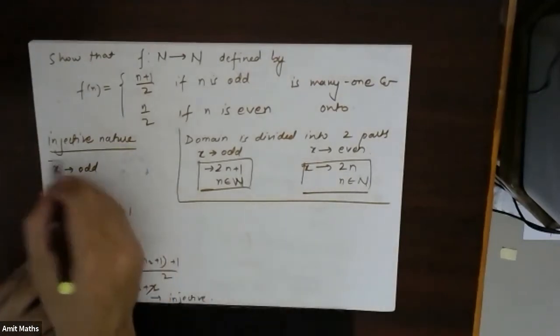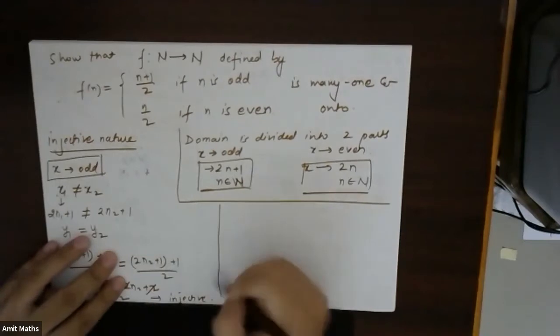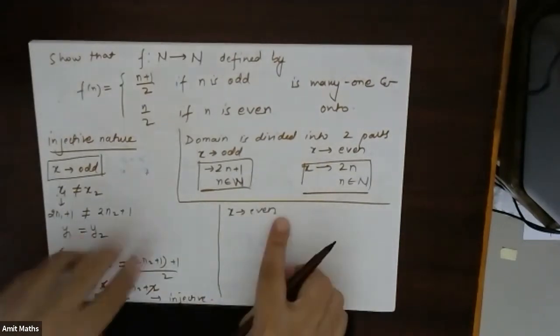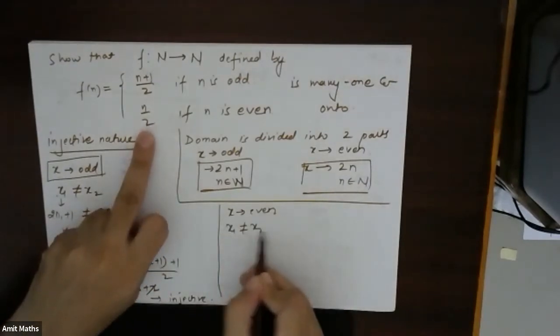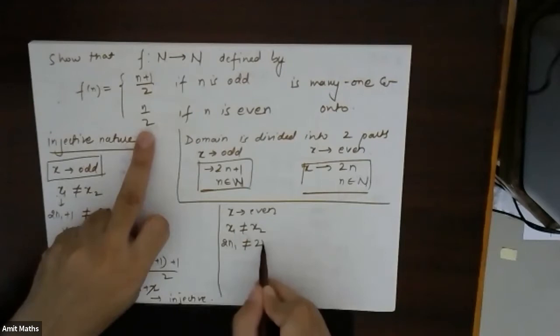This was for x belonging to odd. Now for x belonging to even, this will be the function. Then I take x1 not equal to x2, where x1 is of the form 2n1 and x2 is 2n2.